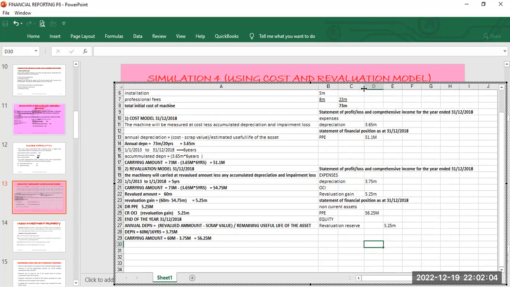And that's basically what this question wanted us to do. It's 5.25 million. That's basically what we're supposed to do in this question, and we get all those marks as you have seen.